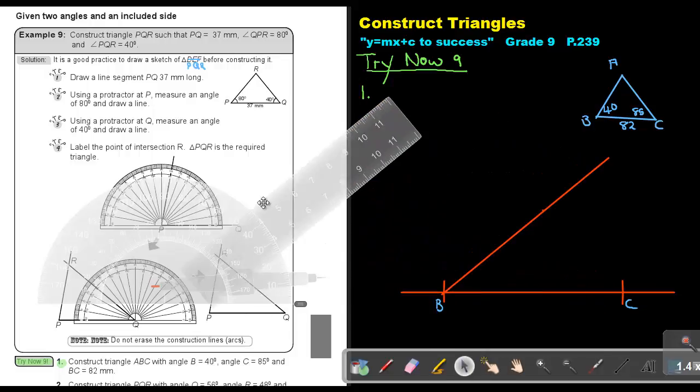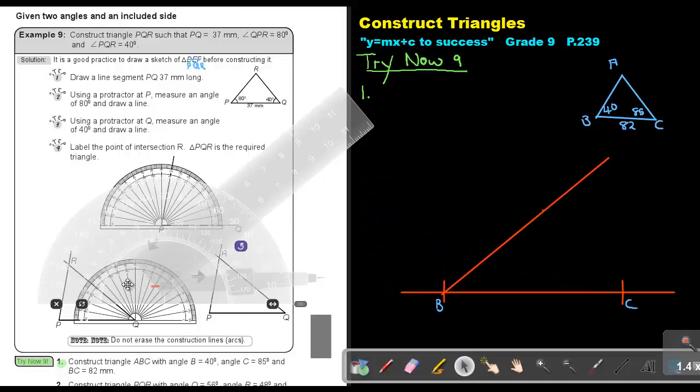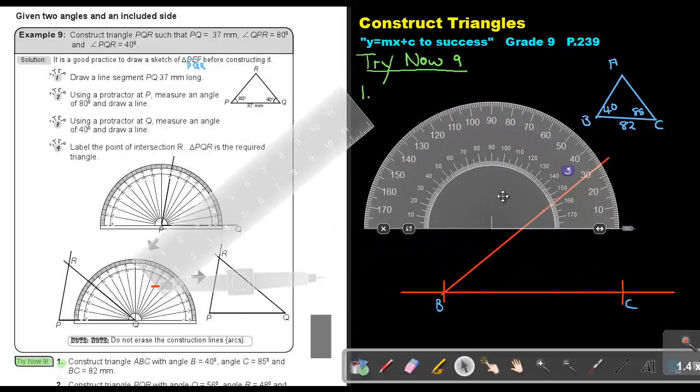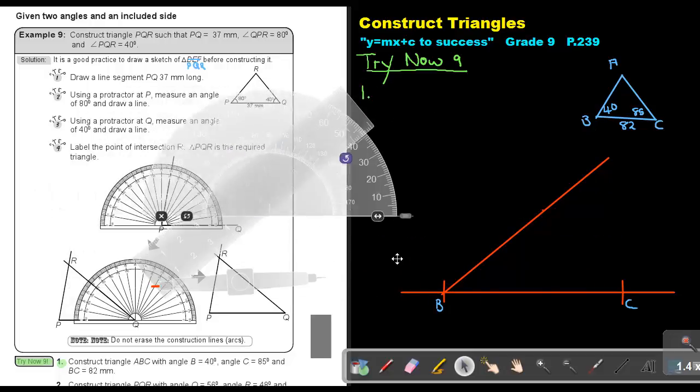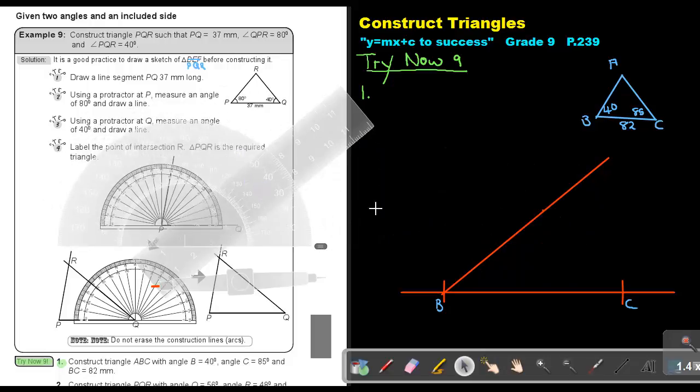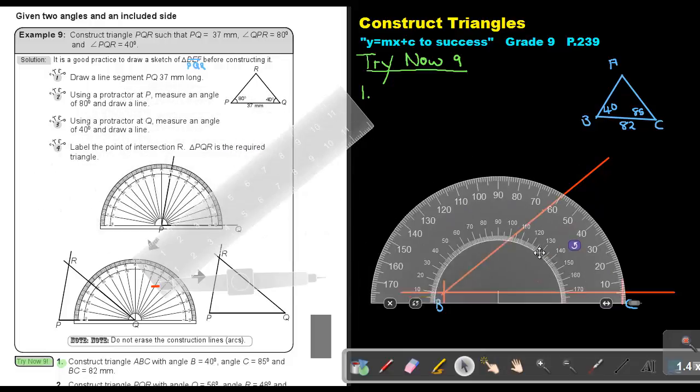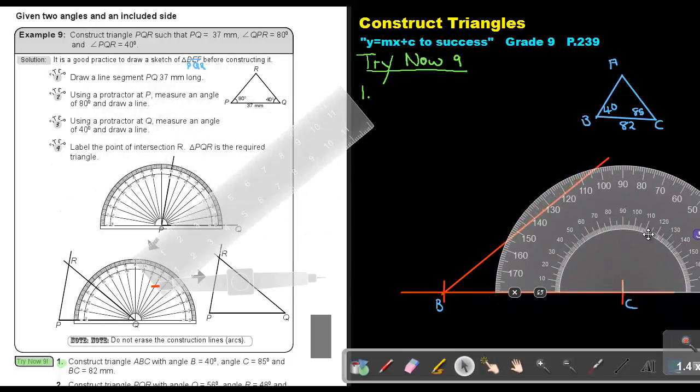Now I'm going to take my protractor again and put it on C. This angle must be 85, so I'm going to use my pen again. Start with the scale that starts with 0.